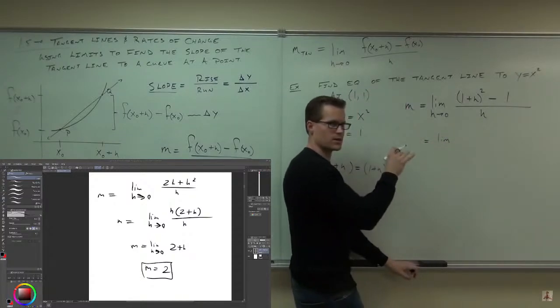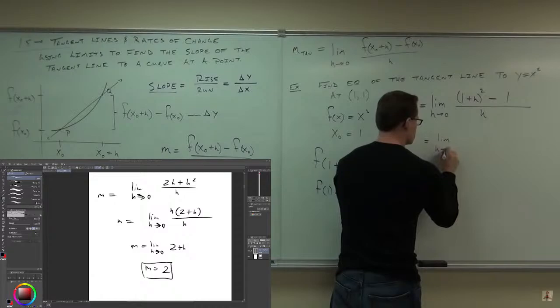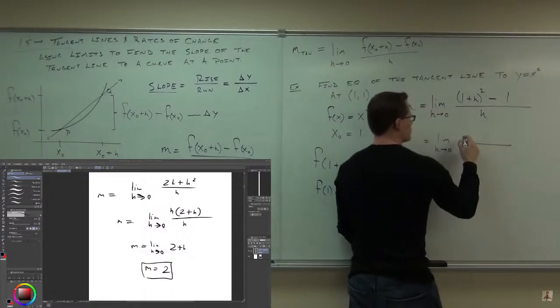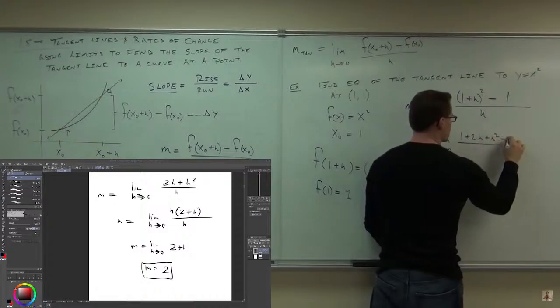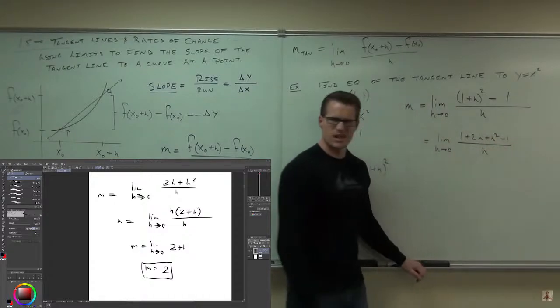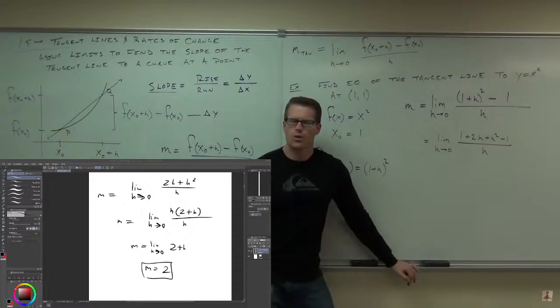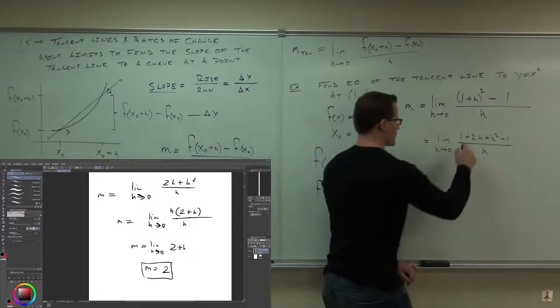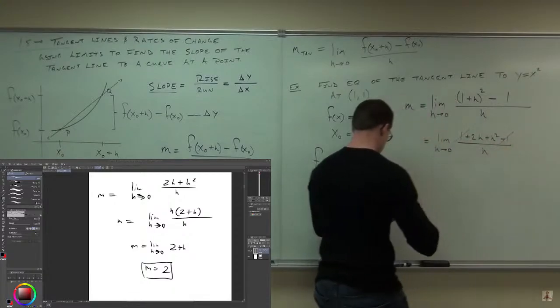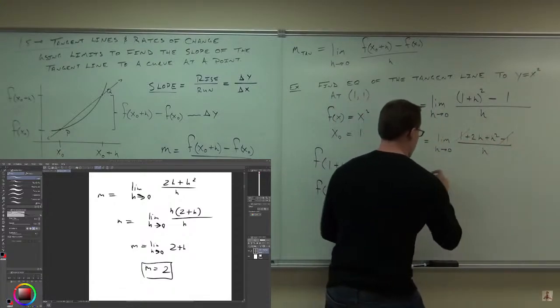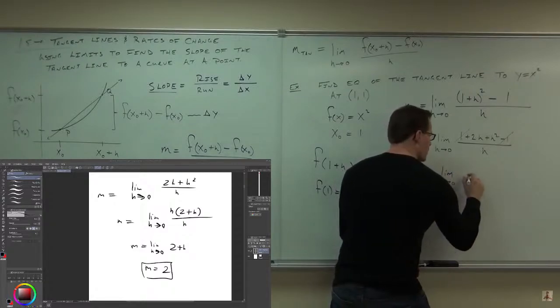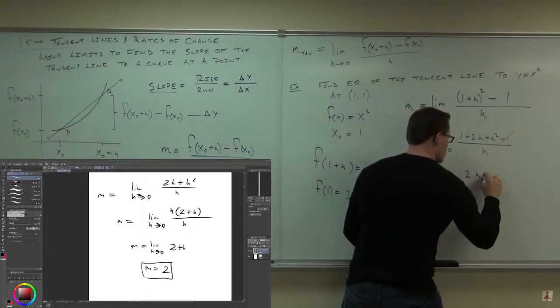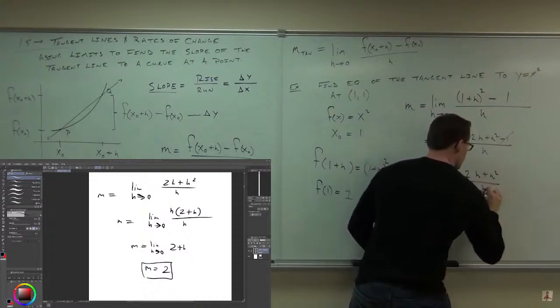Don't forget to write the limit. Let's see, that's 1 plus 2h plus h squared minus 1 over h. Did you get the same thing when you distributed as well? What happens here? The ones are gone. Okay, I like that. That's great. So that is the limit as h goes to 0 of 2h plus h squared over h.